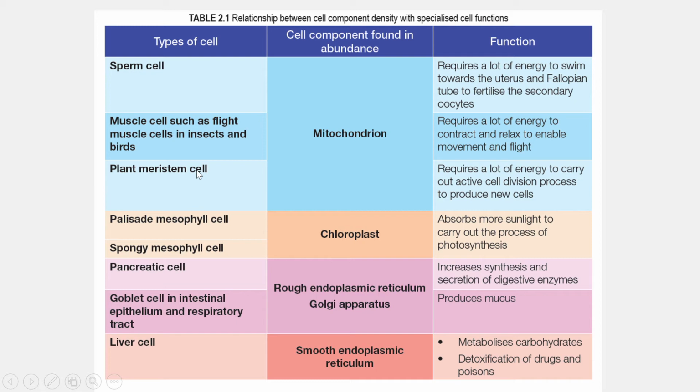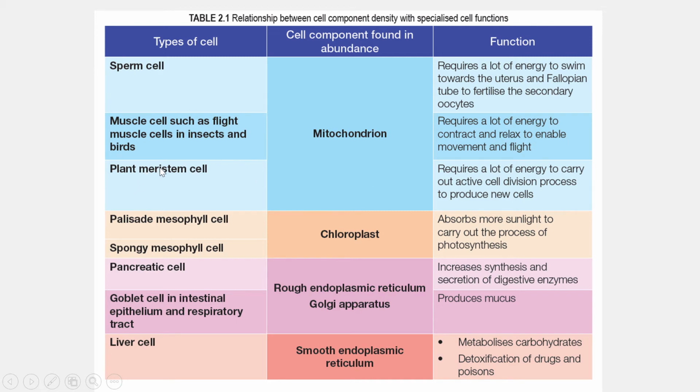The keyword is this: a lot, a lot, a lot. Okay, requires a lot of energy. For what? Then you write down the specific function, write down the specific function over here. That's how you get full marks when they ask about the presence, the abundance of mitochondria in these types of cells. Boleh?